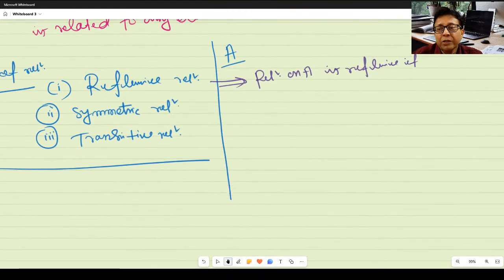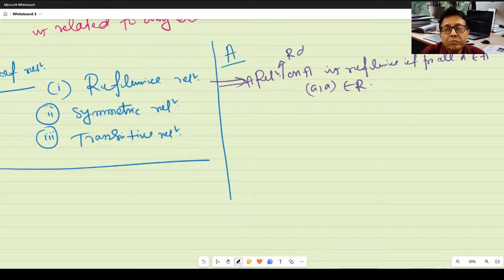If for all a belongs to A, (a, a) belongs to R. A relation defined on A is reflexive if for all a belongs to A, (a, a) belongs to R. Okay.